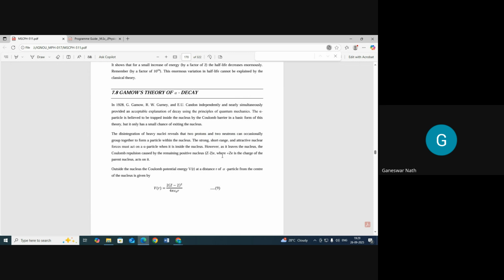The strong, short-range attractive nuclear forces must act on the alpha particle when it is inside the nucleus. However, when it leaves the nucleus, the Coulomb repulsion is caused by the remaining positive nucleus, that is Z minus 2 e, where Z is the charge of the parent nucleus, and that of the alpha particle is 2e.